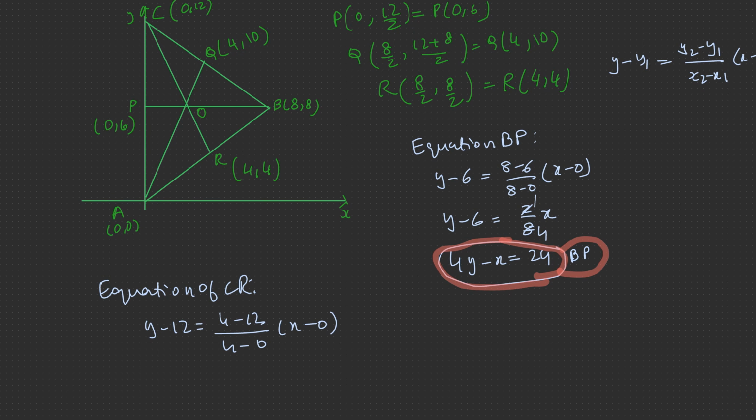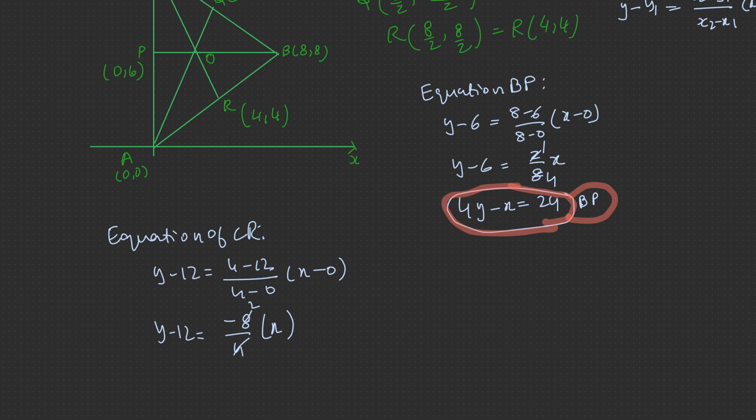So we get y minus 12 is minus 8 over 4 times x, that is minus 2x. So y minus 12 is minus 2x, therefore y plus 2x is 12. So that's the other equation, and that is CR.